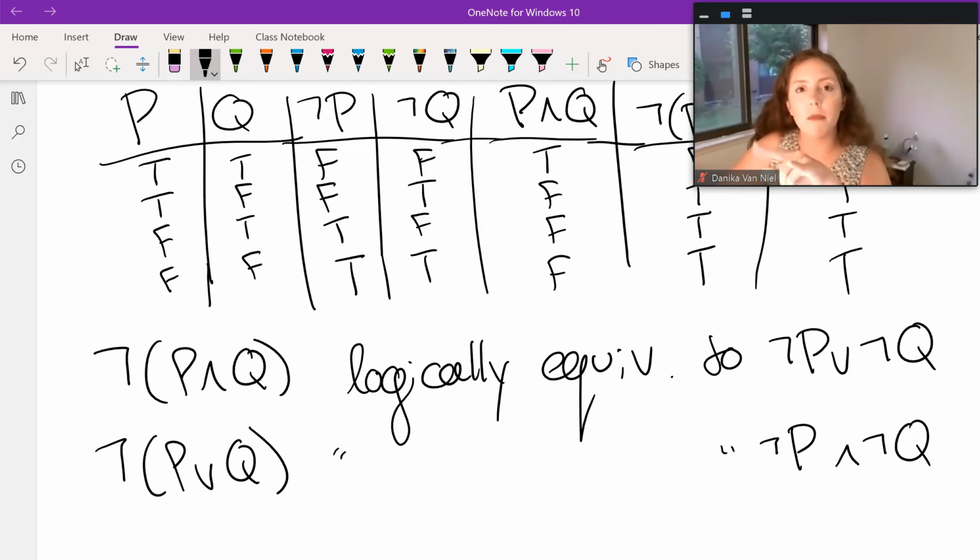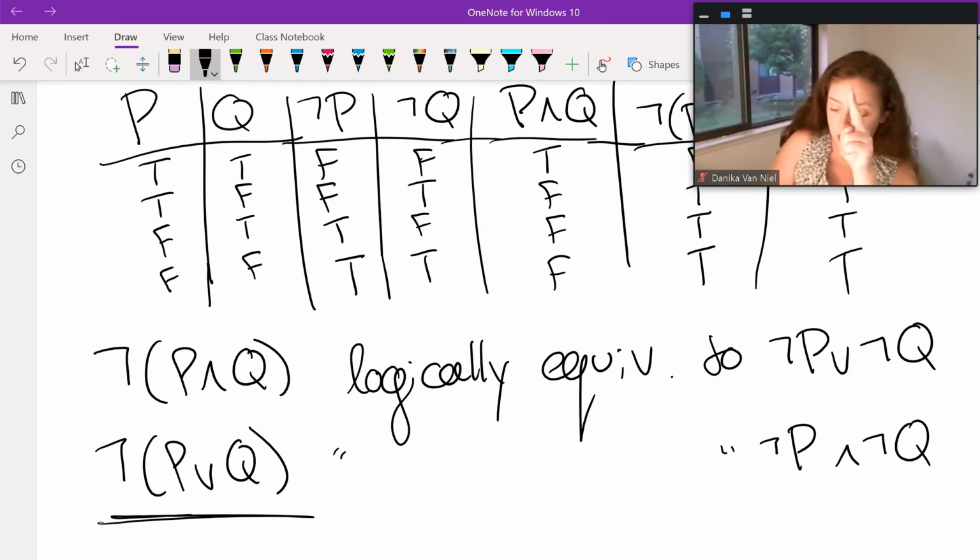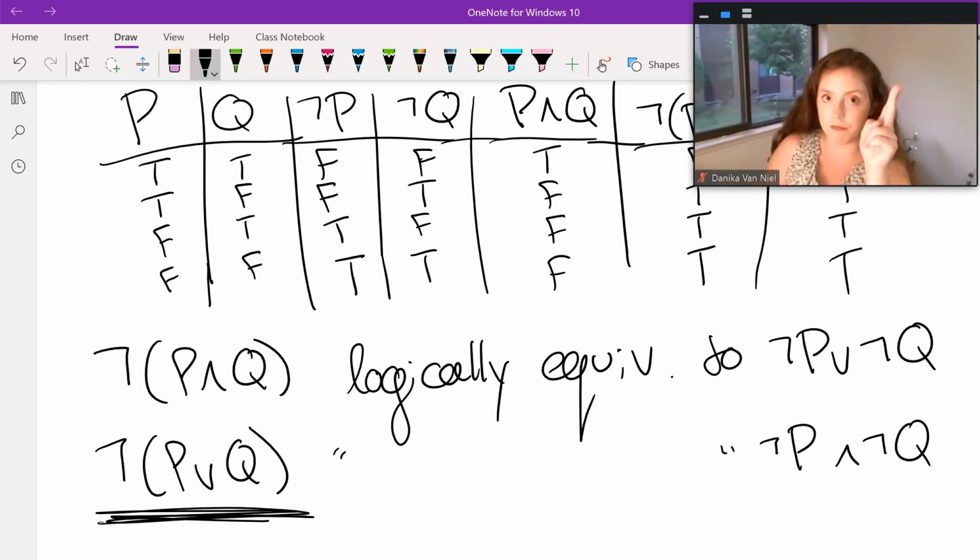Because if one of them is true, then our P or Q is true. So that's the only time that P or Q is false, meaning that's the only time that the negation of P or Q is true.